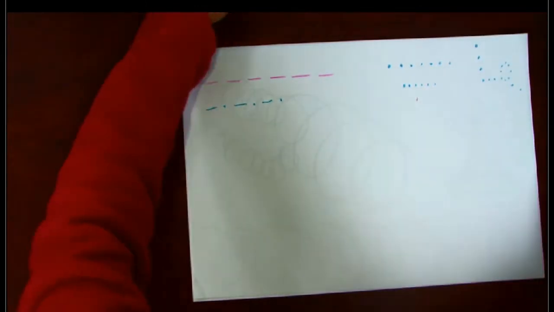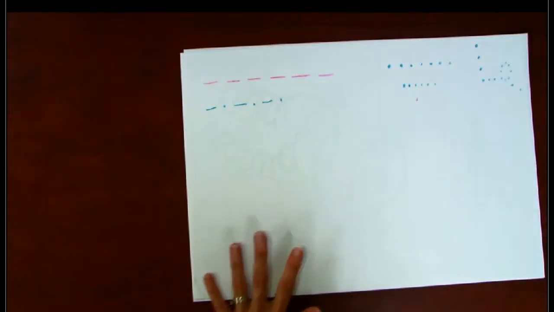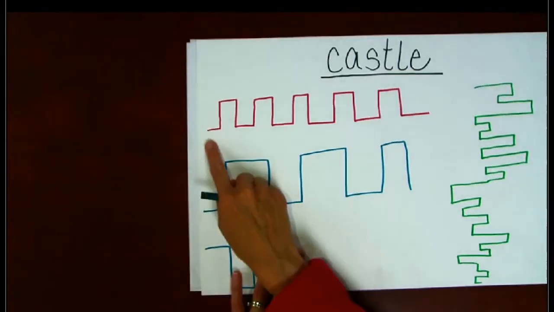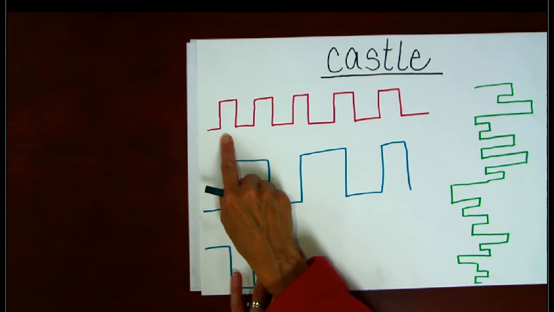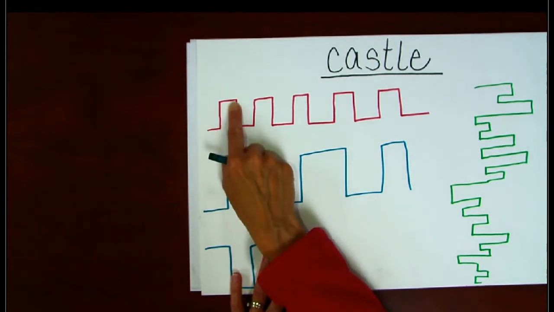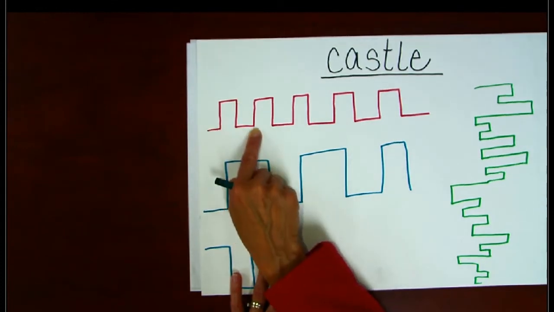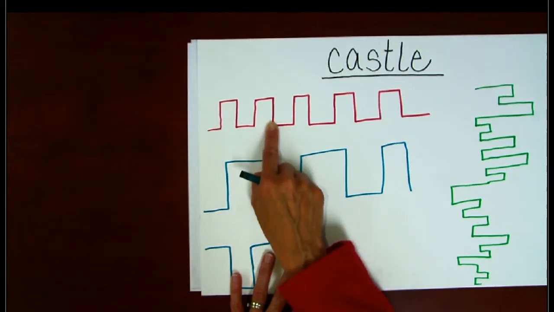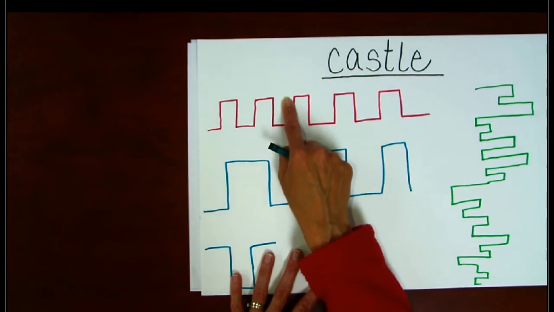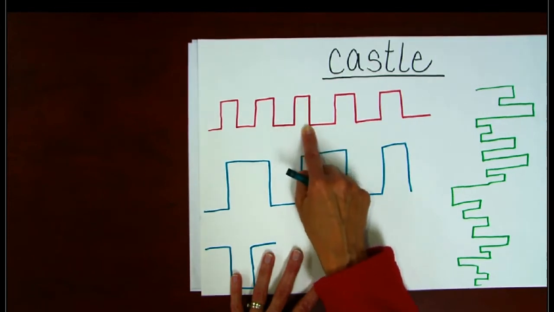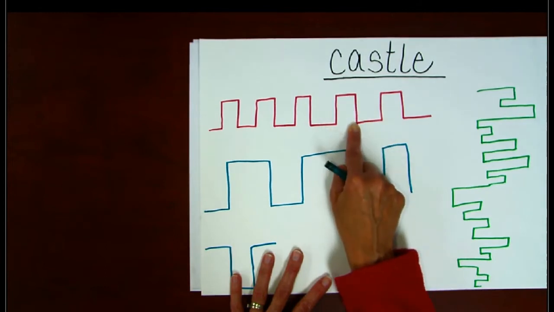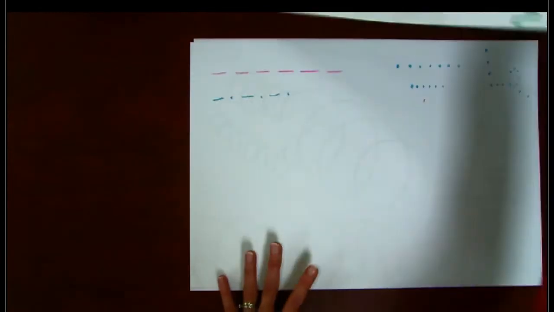The next line that I want to show you is the castle line. So remember with the castle line, you are going across, up, over, down, over, up, over, down. All right, so let's try that.